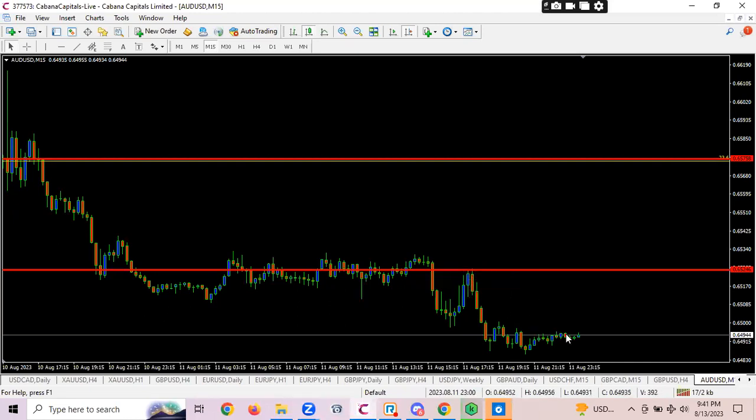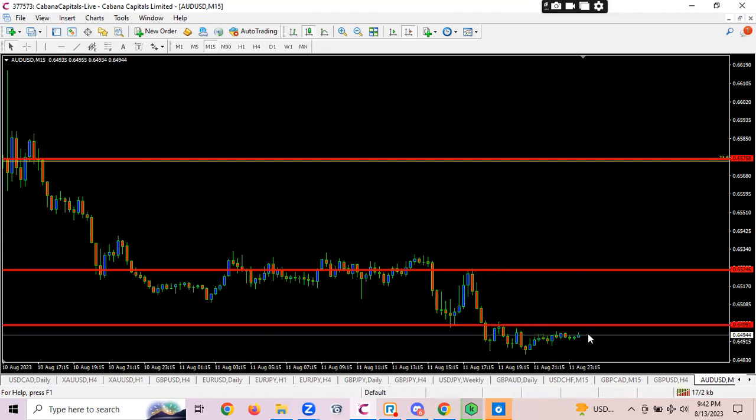So patiently wait for price to close above on 5 minutes. This is 15 minutes. We have another breaker block here. One can also decide to execute a buy if a 4-hour candle closes above this level. But if you wait for it to close above this level, the 4-hour and 15-minute time frames are in agreement.